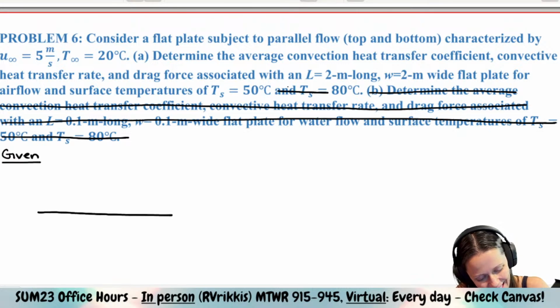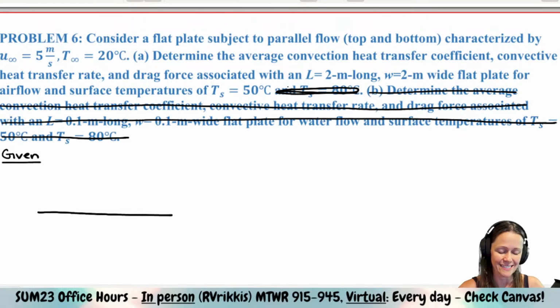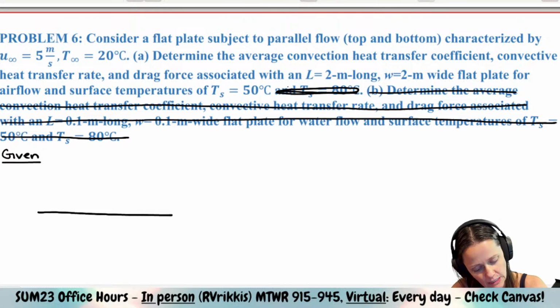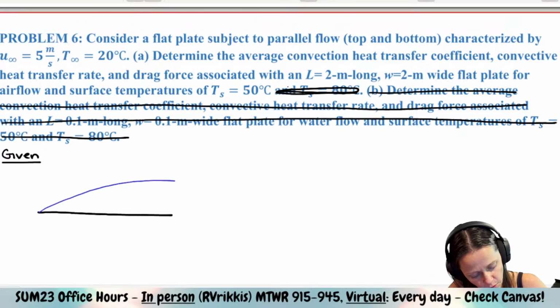And I'm going to get rid of this one right here. I'm going to cut the problem down a little bit. It's the same calculations, just more work, okay? So all we're going to do is look at a flat plate. We got parallel flow and we've got air flowing over it. It hits the plate, and we have a boundary layer formation on the top and the bottom.